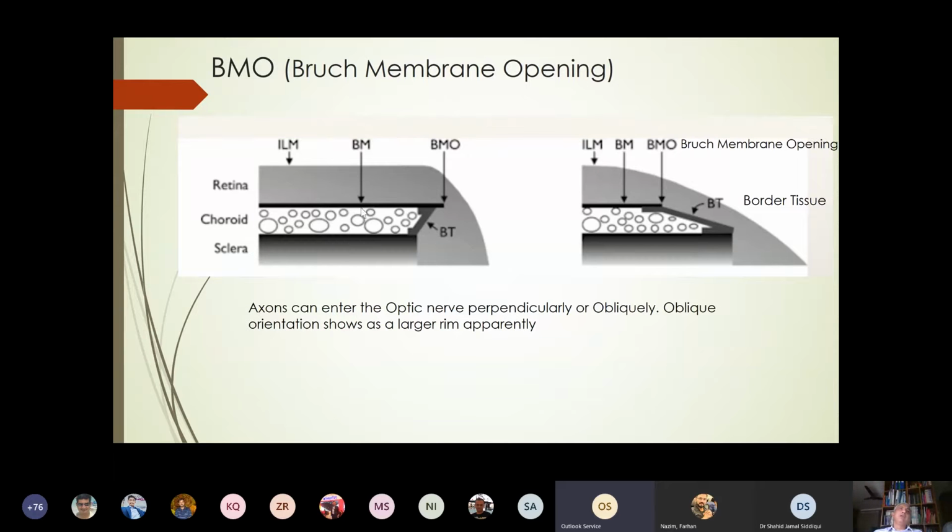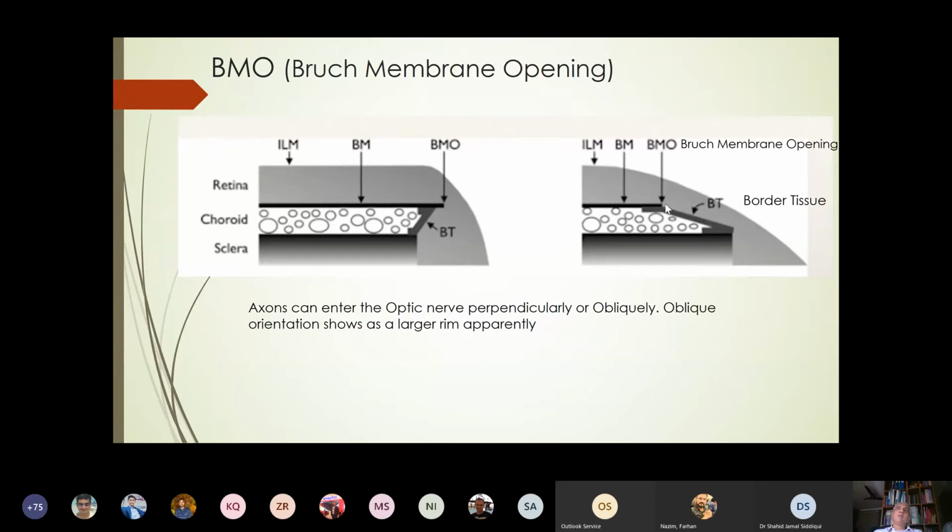If we look at this picture, this is the choroid showing the blood vessel, this is the sclera, and this is the retinal pigment epithelium with its Bruch's membrane. So BMO is called the Bruch's membrane opening. So in this patient in which the fibers vertically bow backward, here you can see that the distance is thinner. So if you measure the distance between the Bruch's membrane and the internal limiting membrane, over here it is thinner.